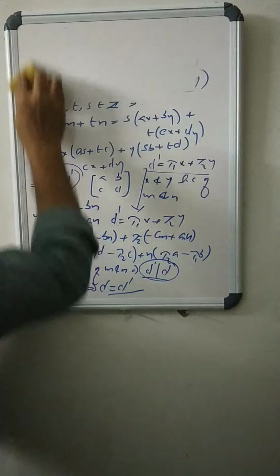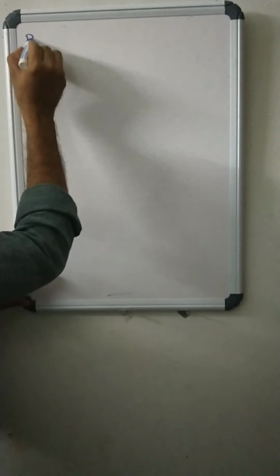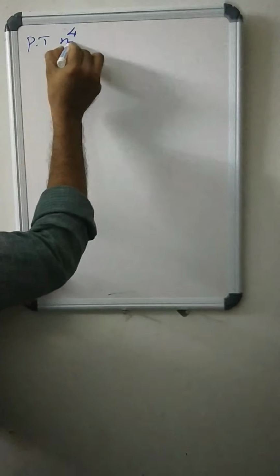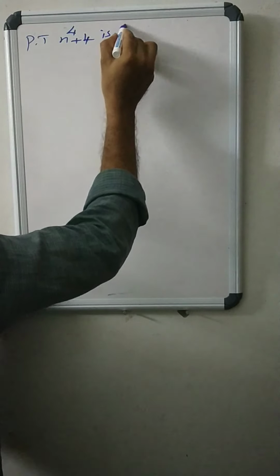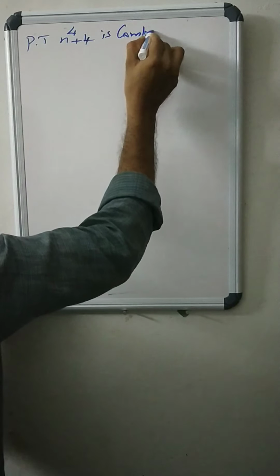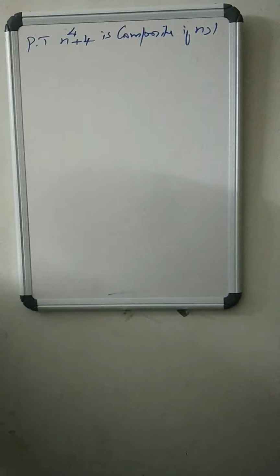Now let us discuss another problem. Prove that n power 4 plus 4 is composite, composite meaning not a prime, if n is greater than 1.